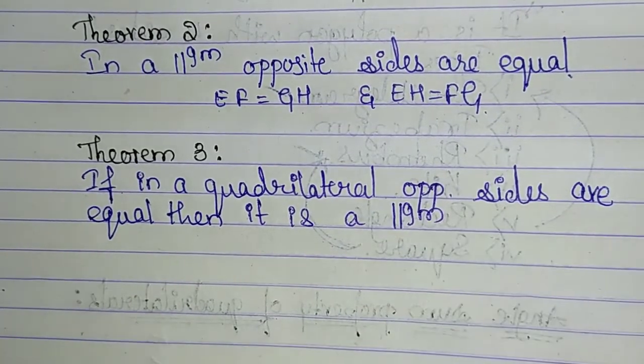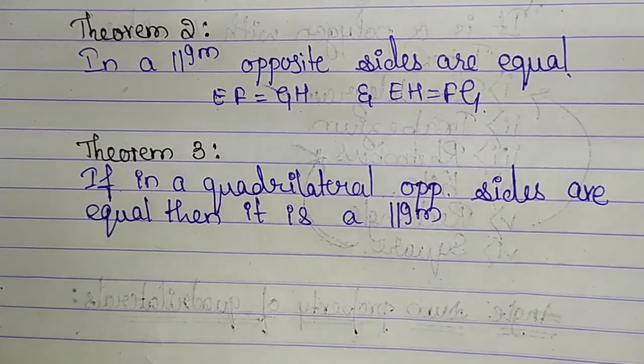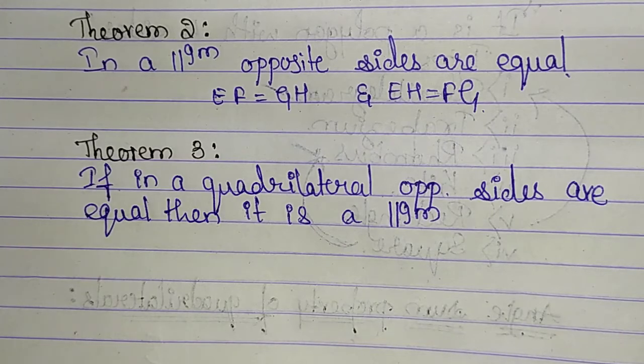So take any of the quadrilaterals, and if you find that the opposite sides of that quadrilateral are equal to one another, then without a doubt that quadrilateral is a parallelogram.